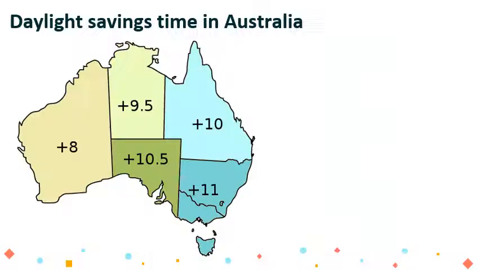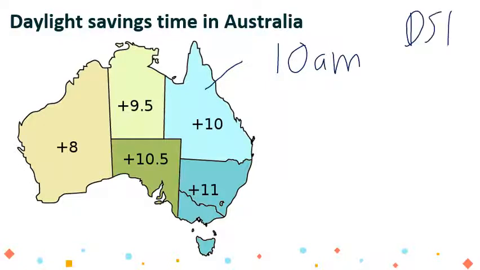I found this diagram, and it's quite useful to distinguish between the different time zones. So let's say the time in the Australian Eastern Standard Time is 10 a.m. But we're in daylight savings time, so we actually write DST when we're in daylight savings time. So you might say Australian daylight savings time. Now, Queensland doesn't observe daylight savings time, so they're just ticking along, 10 a.m., everything's all good.